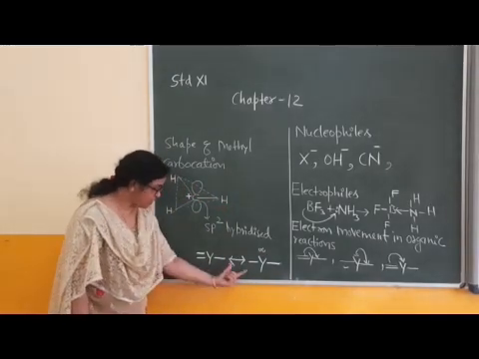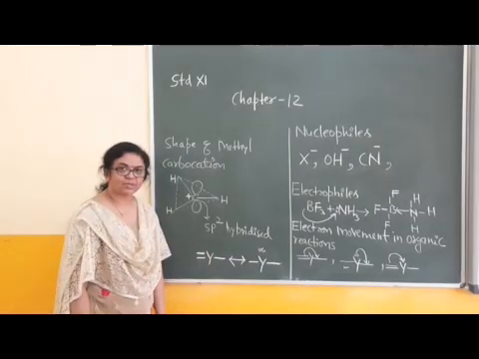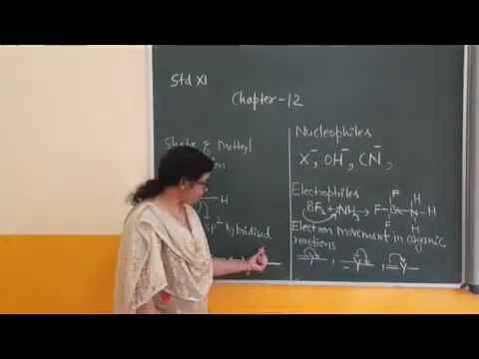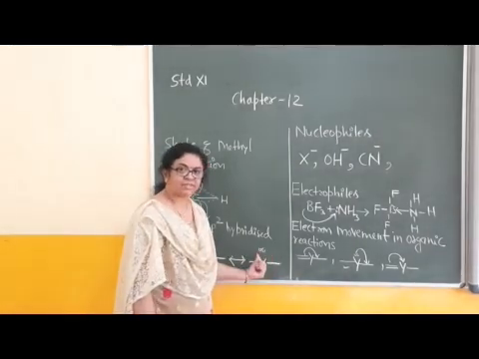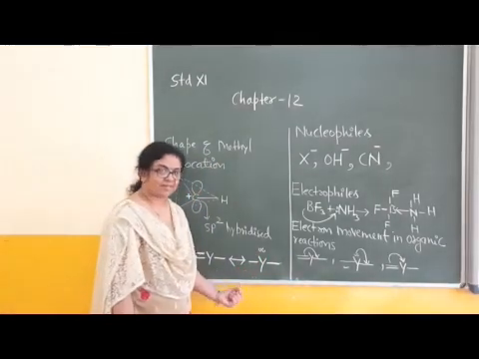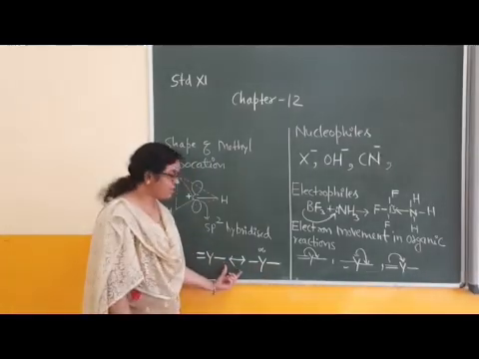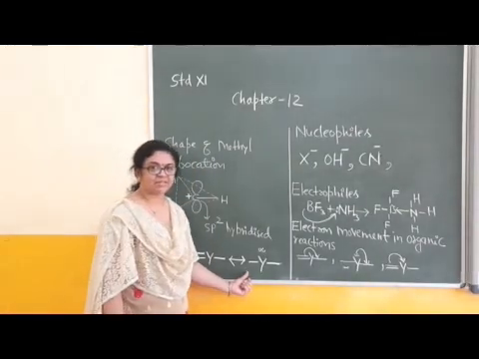Resonance between two structures, double to lone pair of electrons, and next one, shifting of lone pair to double. Again reshifting. This type of process is called resonance, interconversion between structures, A structure and B structure.